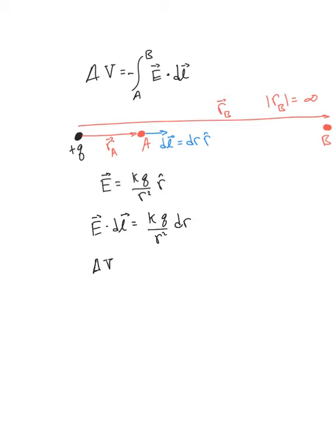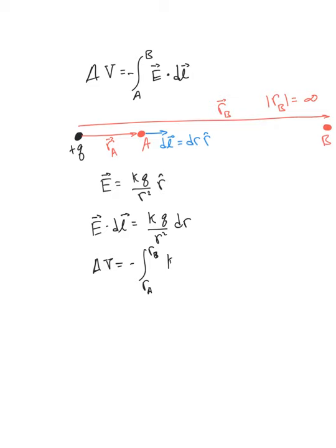That is, the change in potential is the negative integral from point A to point B, which, because we are dealing with r's, I'm going to write as from our initial radius r sub A to our final radius r sub B, since the variable that we are integrating over is in fact the radius r.